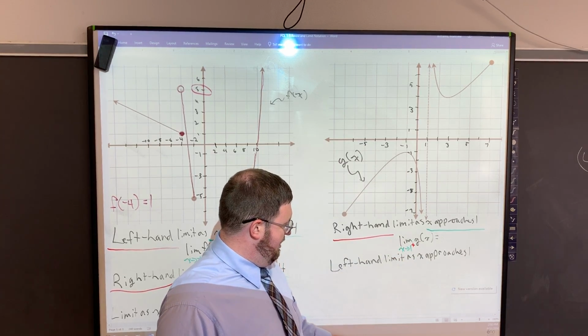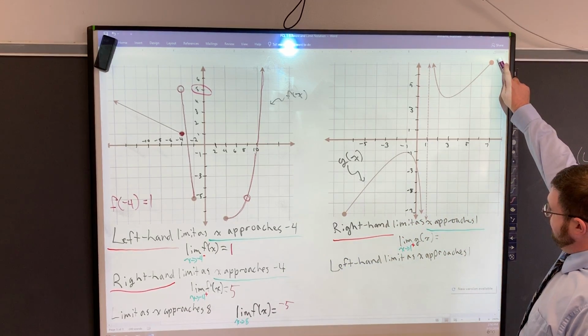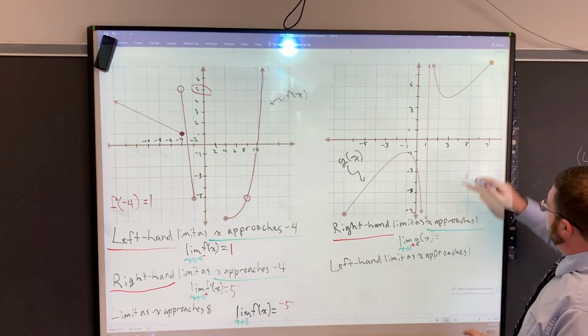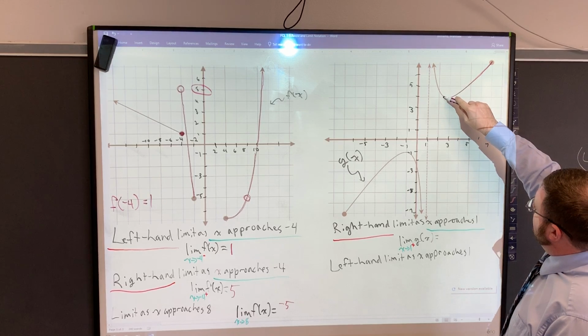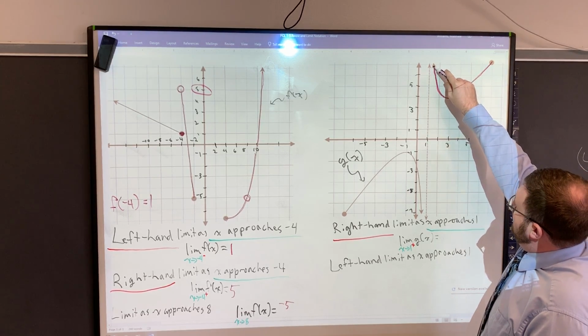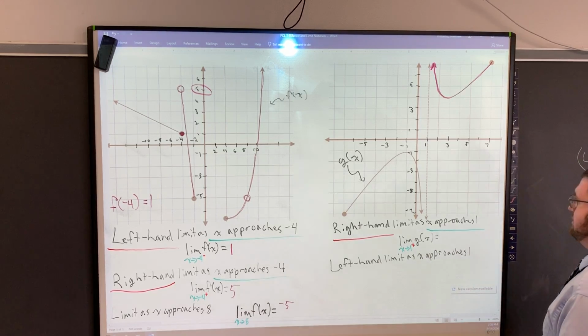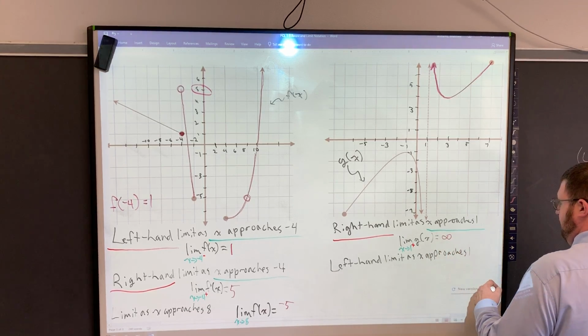I'm going to find out what that is. Right hand means that I start on the right-hand side of the graph. I'm approaching or going toward an x value of 1. And the closer I get to an x value of 1, the higher up that goes. It never actually reaches 1. But as I'm getting close to 1, when I start on the right-hand side, it goes up and up and up toward infinity.